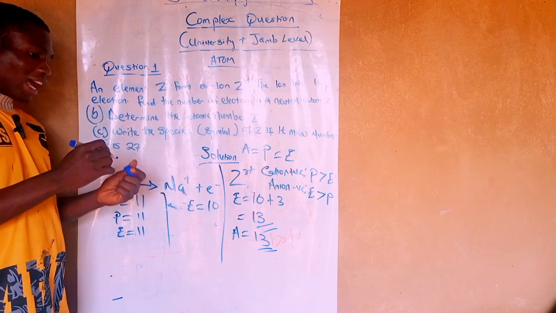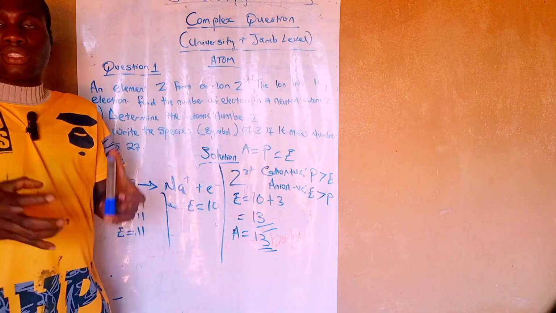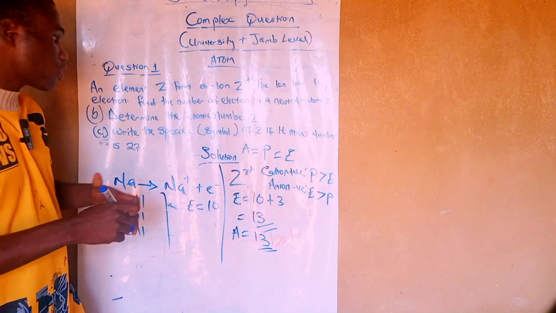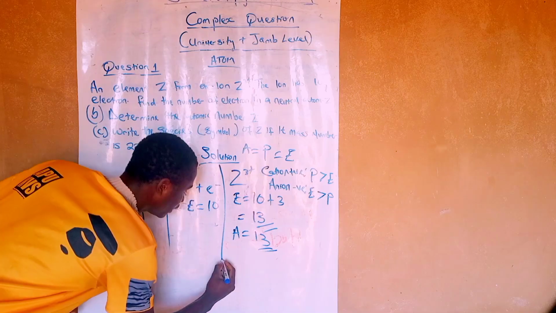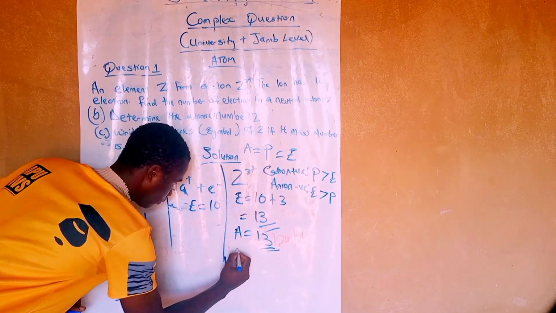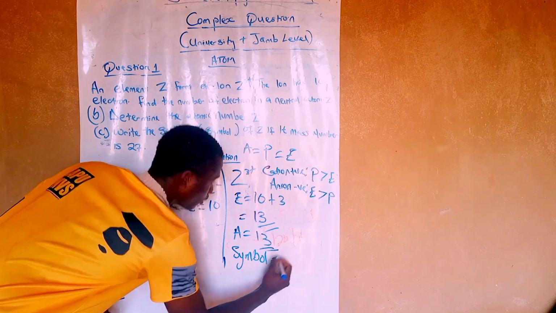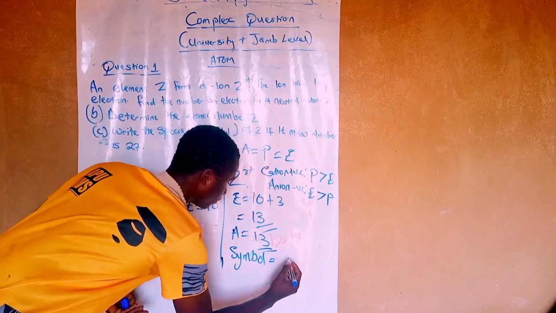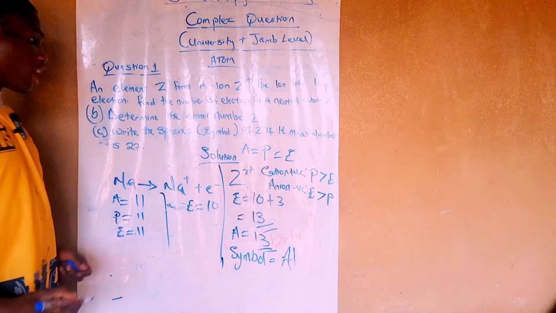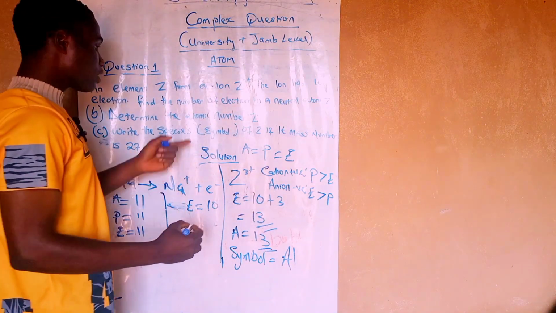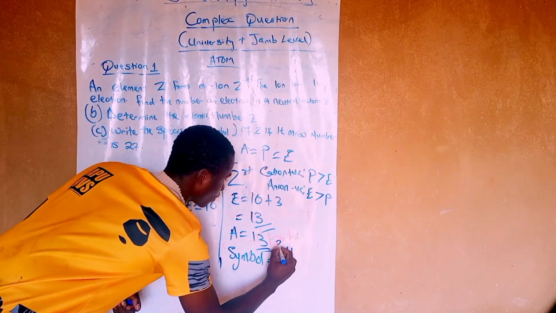Now since we know the atomic number of Z is 13, and the mass number is 27, that shows the symbol is aluminium. Aluminium is the symbol because it has atomic number 13 and mass number 27.